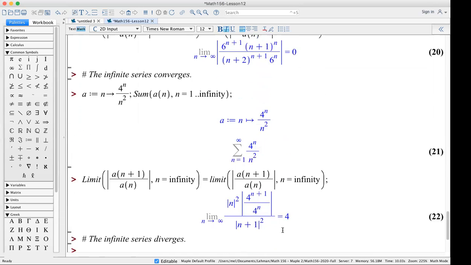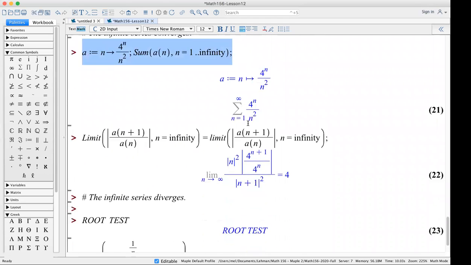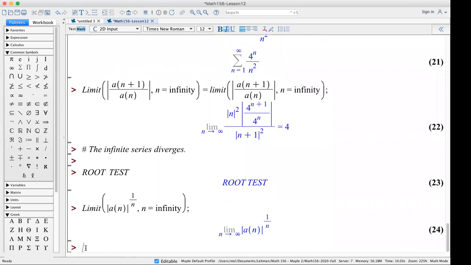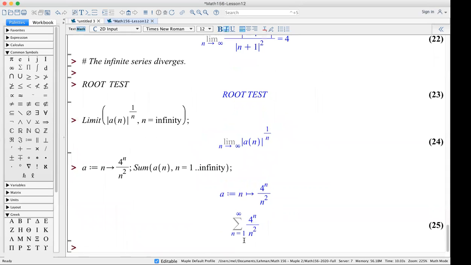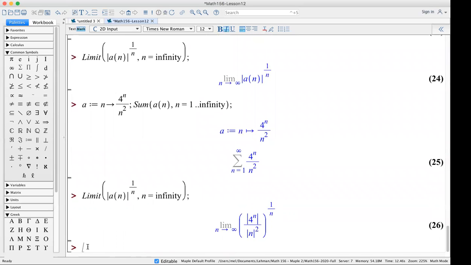So let's look at, let's say, this last example. This is the infinite series. This is the limit we want to understand. Let's compute the limit. The limit's 4.